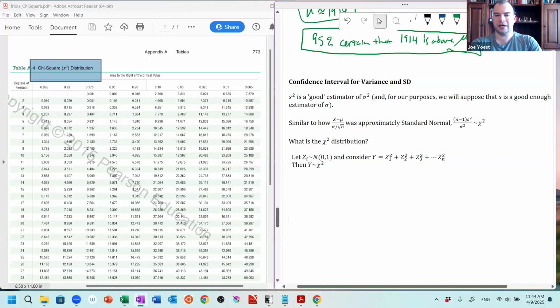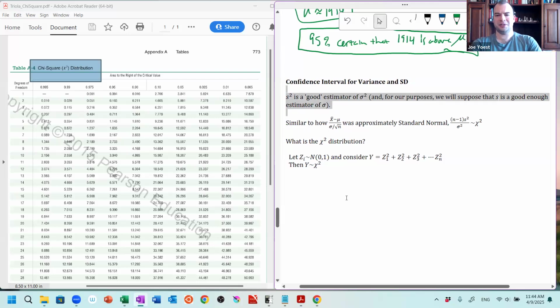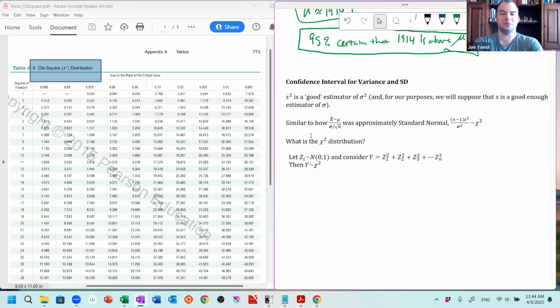So recall quickly that S squared is a good estimator of sigma squared, and for our purposes, we'll suppose that S is a good enough estimator of sigma that we'll treat it as a good estimator. We recall that, for instance, the random variable x bar minus mu over sigma over root n was approximately standard normal by the central limit theorem.